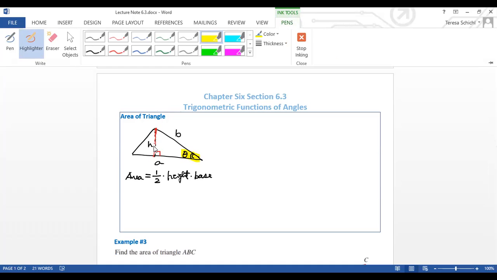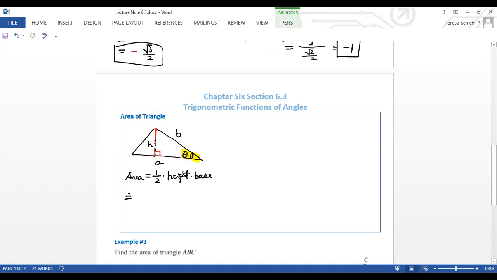For this right triangle, B is the hypotenuse, and the height is the opposite side of this angle, right?